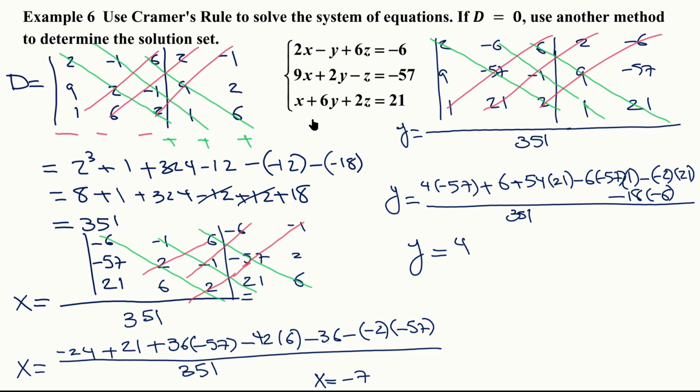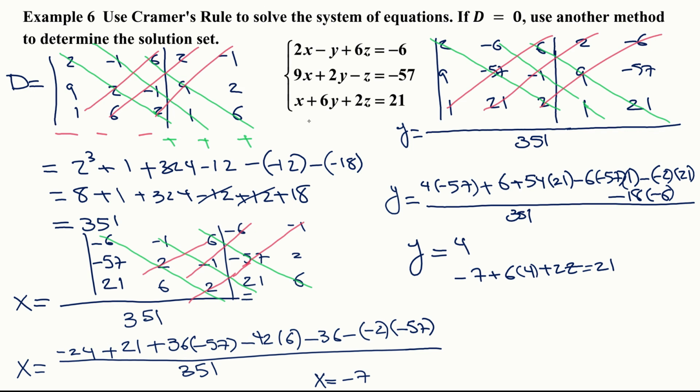So x, I'm going to replace x with negative 7 plus 6 times y, which we'll replace with 4, plus 2z equals 21, right?